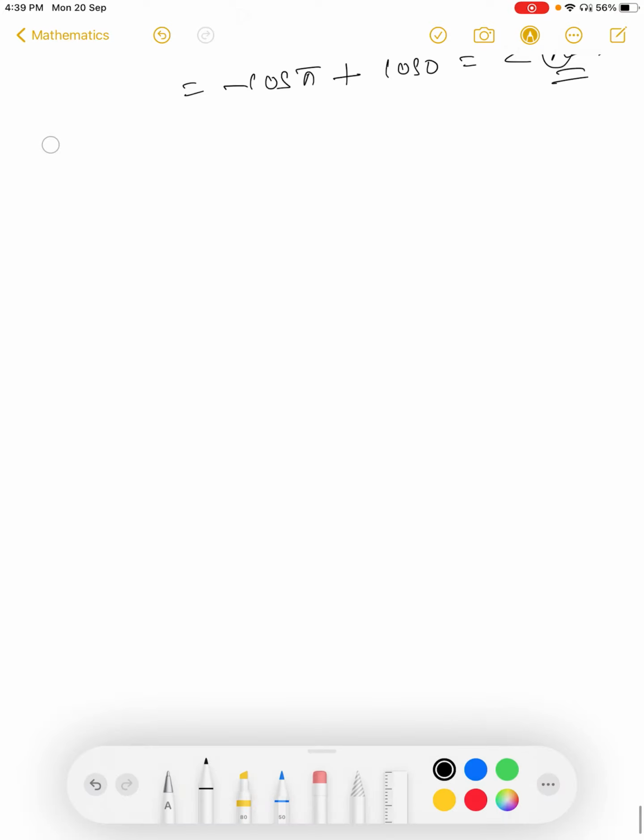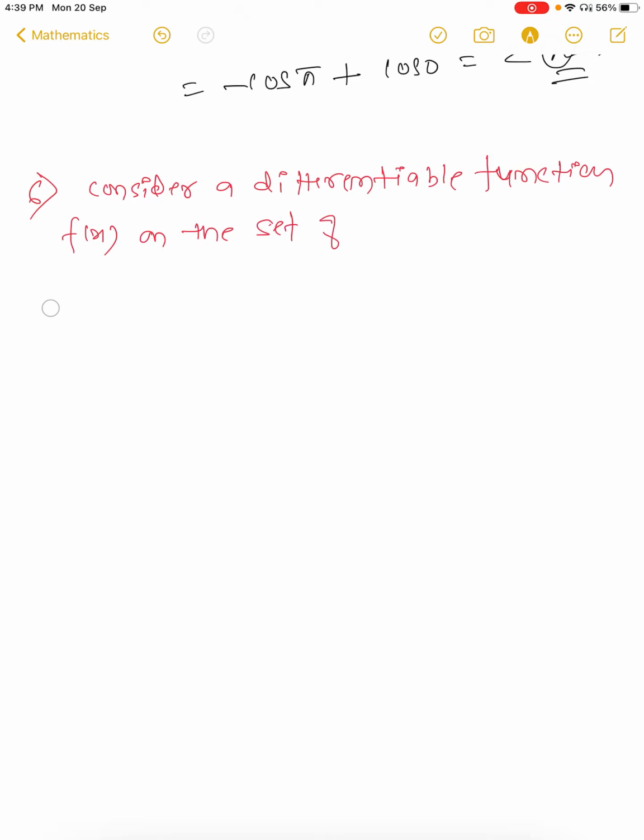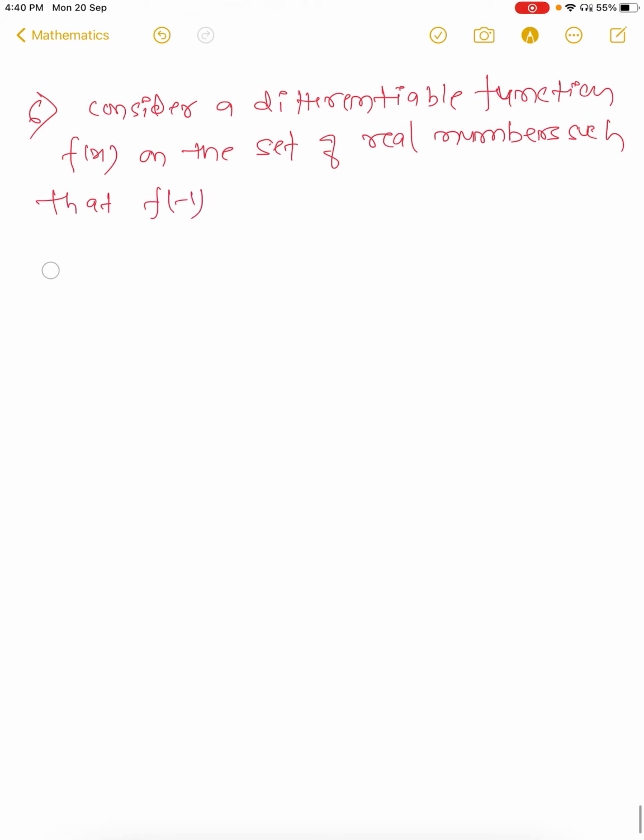And the next question, number 6. Consider a differentiable function f(x) on the set of real numbers such that f(minus 1) is equal to 0 and f dash x is less than or equal to 2.